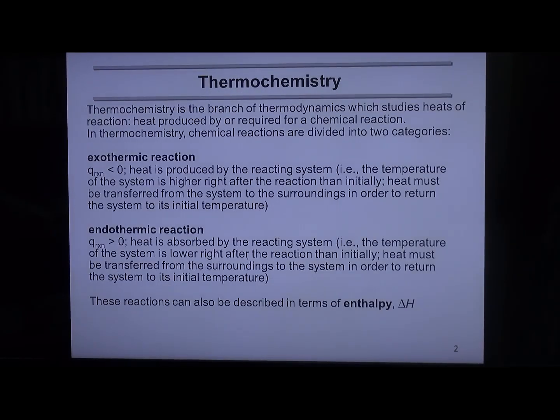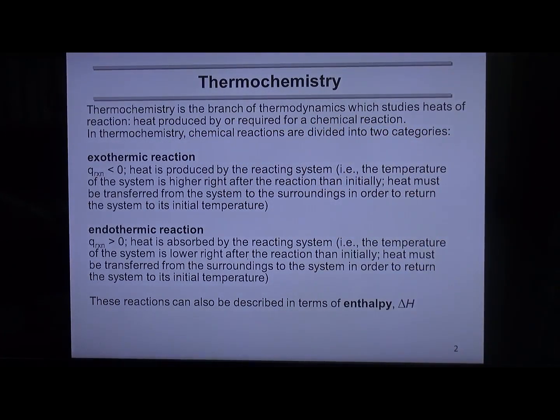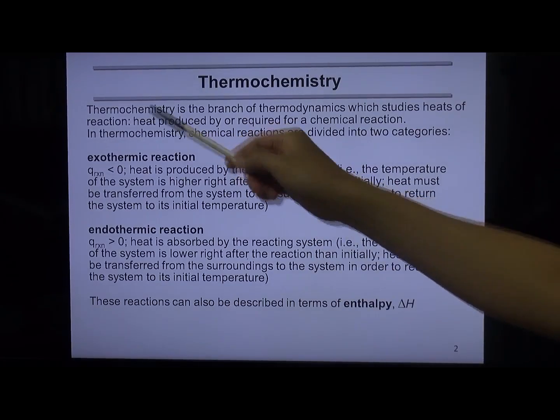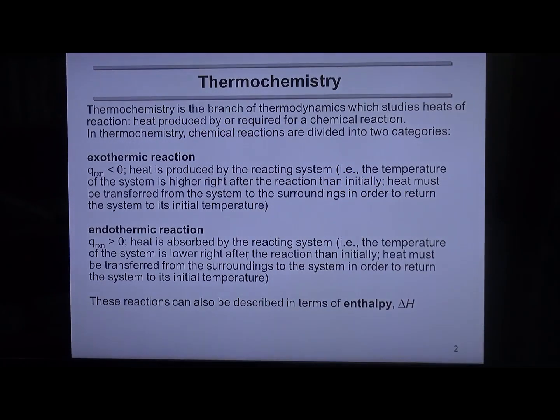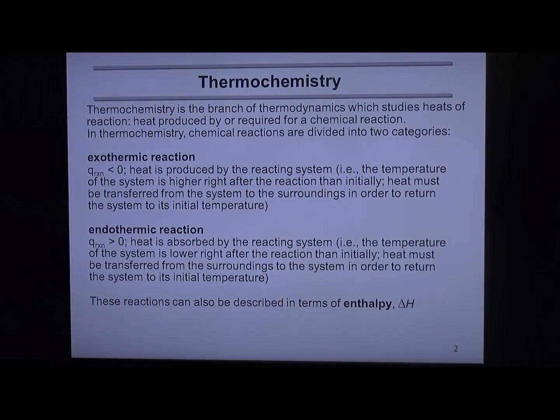So as I mentioned, thermochemistry is the branch of thermodynamics. We are basically learning thermodynamics, okay? And especially thermochemistry deals with heat transfer during chemical reaction, okay?